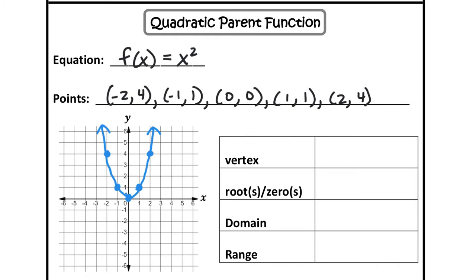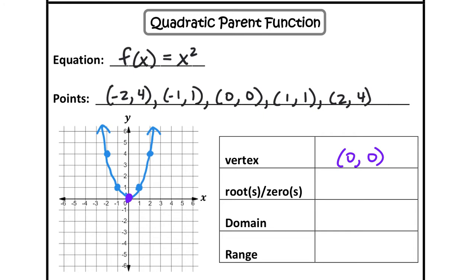And so the vertex here is 0, 0. Actually, let me use a different color. Let's use purple. So purple right there is 0, 0.